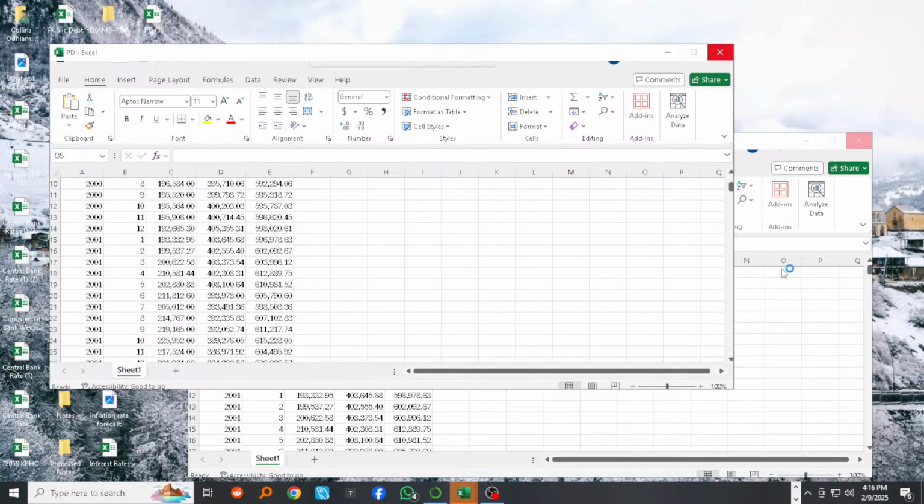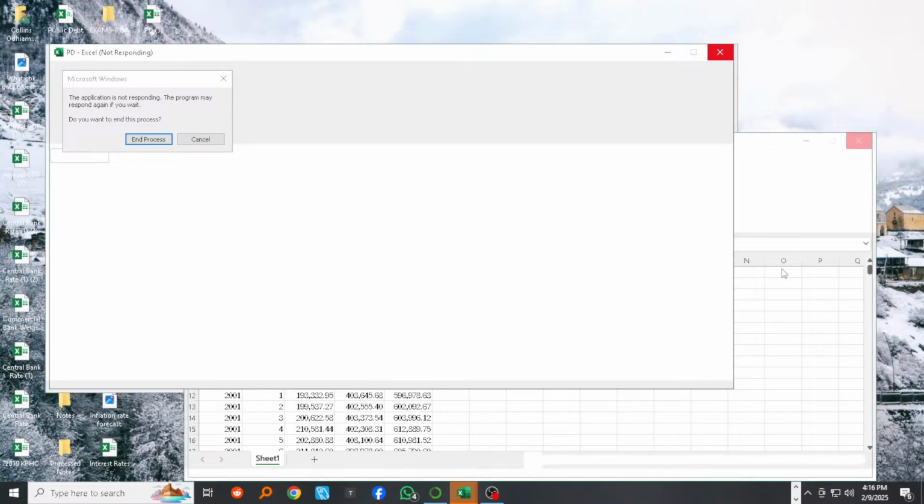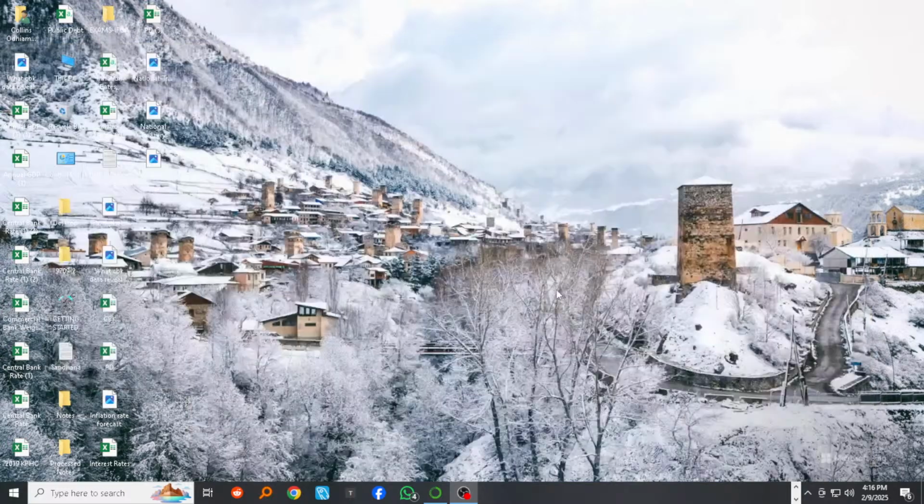My machine is hanging. We're already having something on public debt, and then I just wait for one of the Excel files to close. Not all of them are going to close, I just want to close one. Oh, both of them are closed.